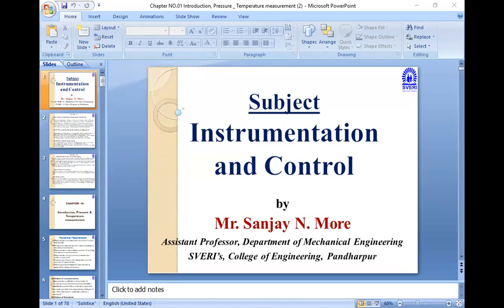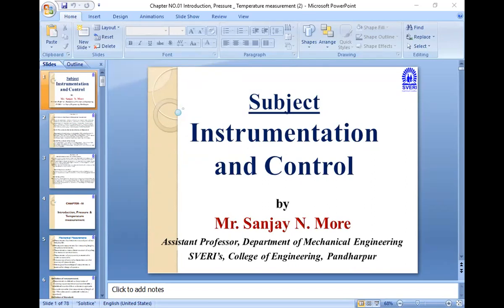Then we are going to see sensors and transducers, classification of transducers, and function of transducers, and we started a new point, that is temperature measurement. In that there are four instruments used for measuring temperature: thermometer, RTD, thermistor, and thermocouple.